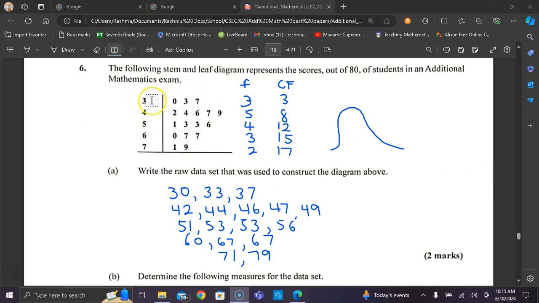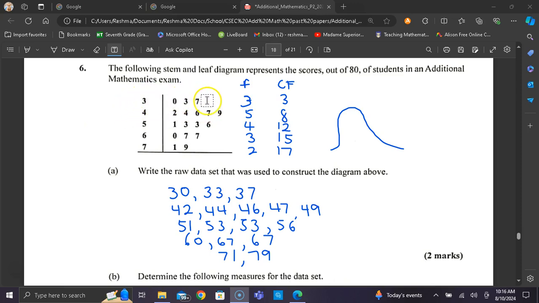classed into these intervals, 30s, 40s, 50s, 60s, 70s. So remember the difference between a bar chart and a histogram. A bar chart shows discrete data, whereas a histogram shows continuous data. And even though you are seeing the scores as distinct discrete values, since they are in intervals, there should be a continuous range of values.